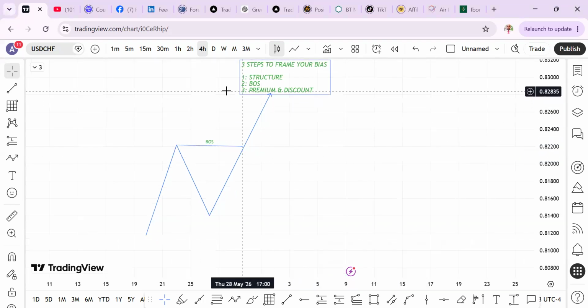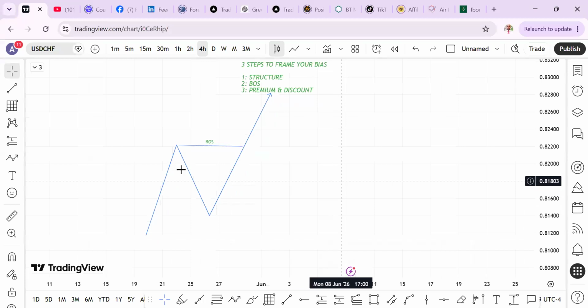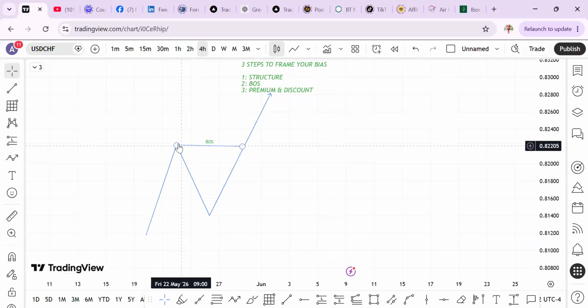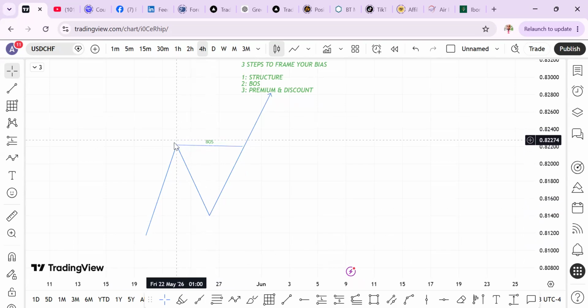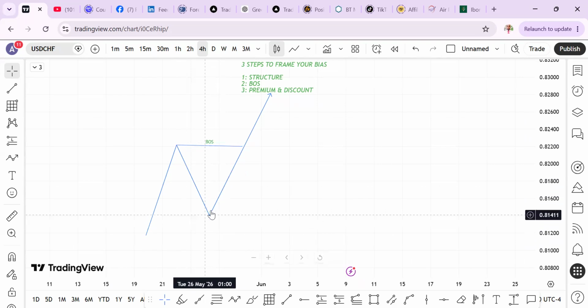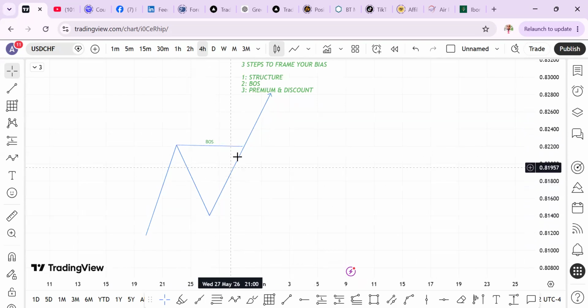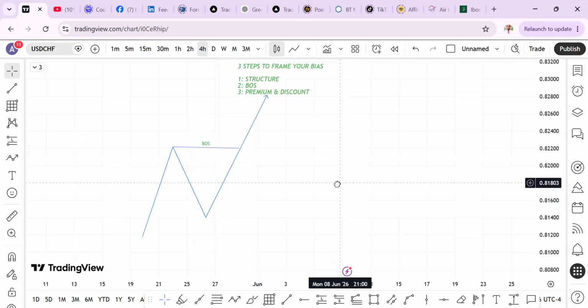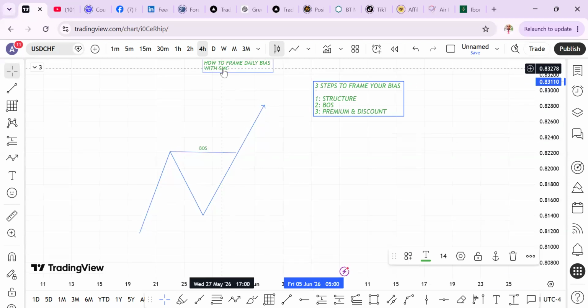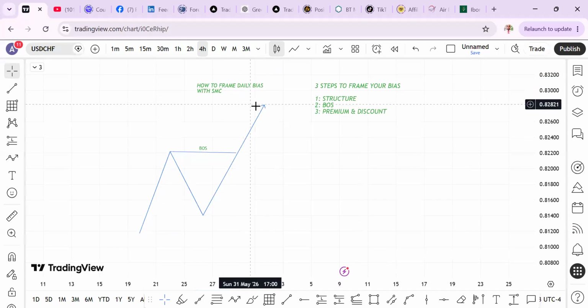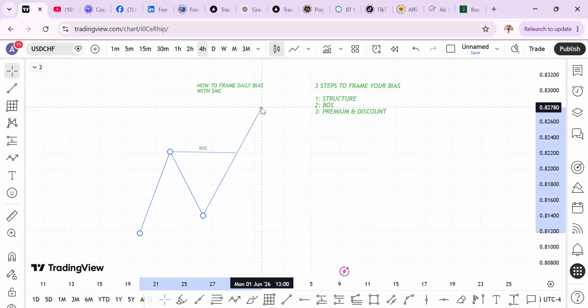At the current market phase, you look at a low, a high, and a low. Then watch out if that last high, you see price break that high and close with a body candle. That is a break of structure. Now I have a break of structure.